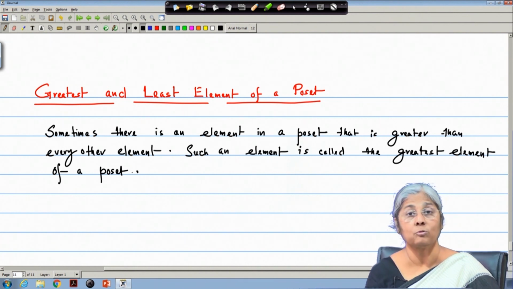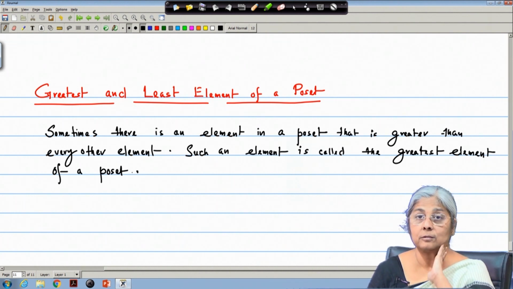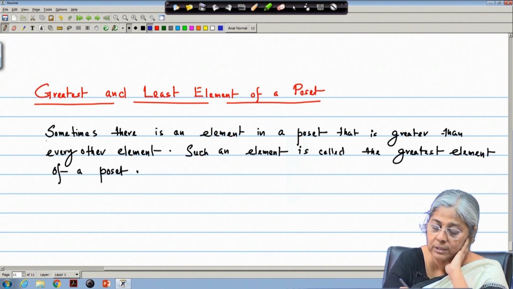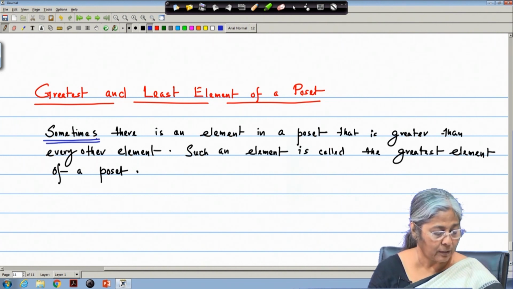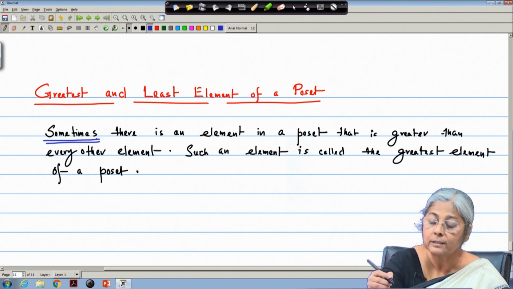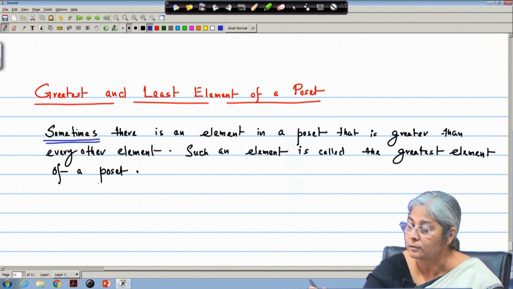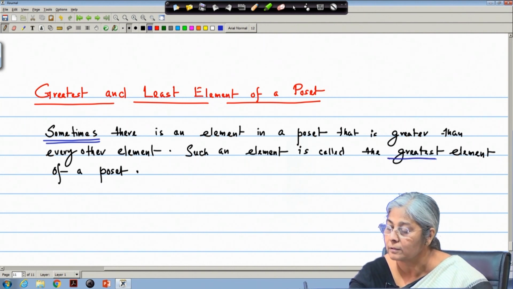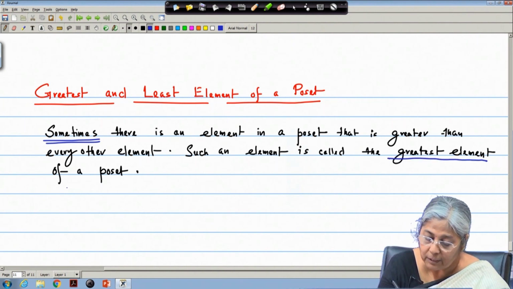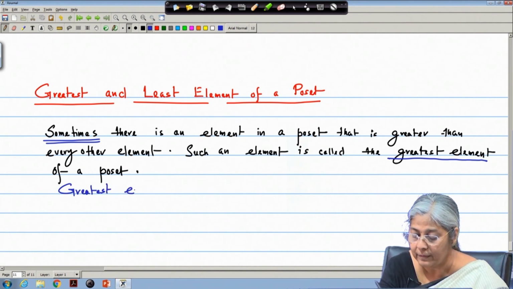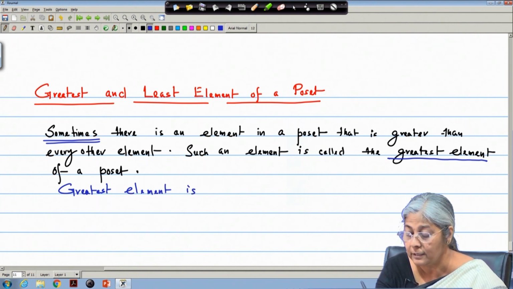Now, we must note that sometimes we get it, not always, it exists. We must note this term. So we can write that this element is unique and this is called the greatest element. So I can write that the greatest element is unique if it exists.